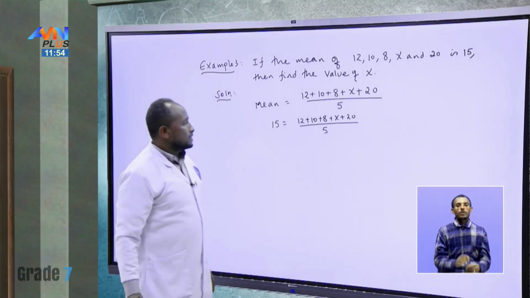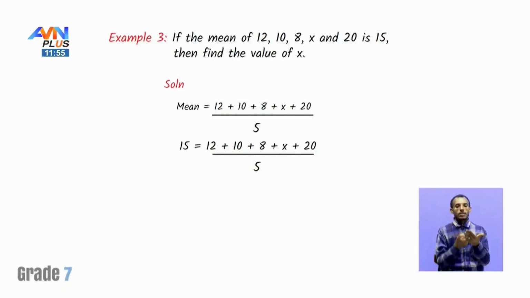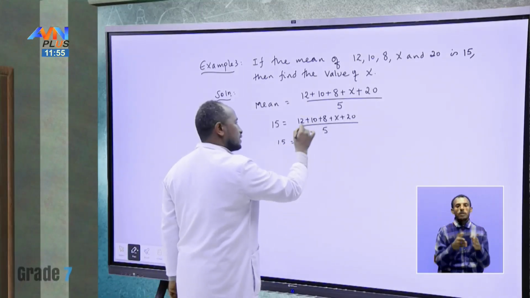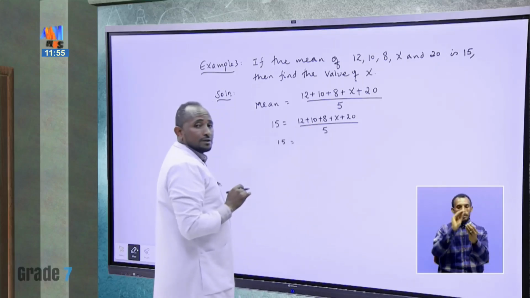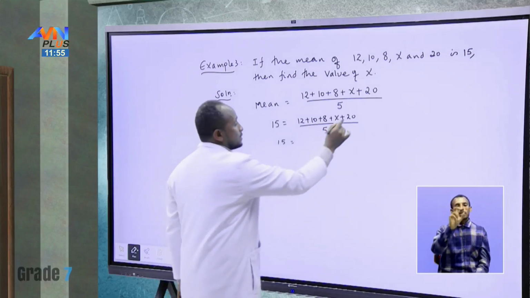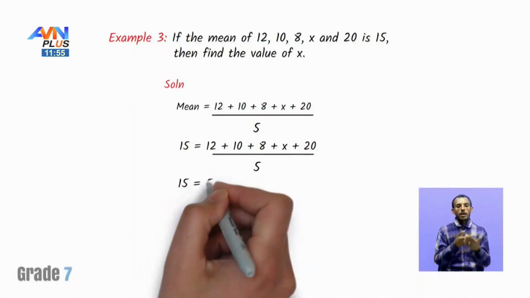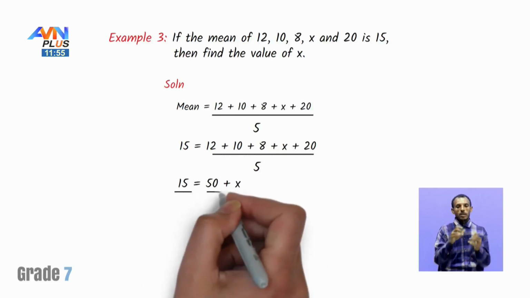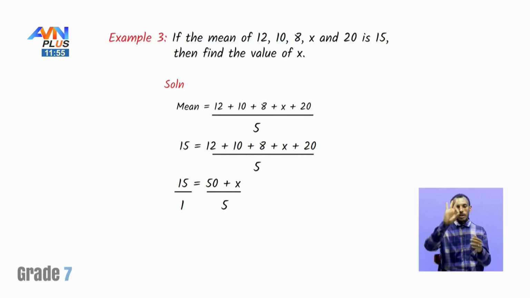To solve this, first let's simplify this one. So here you have 15 is equal to, let's add this, 12 plus 10 is 22, 22 plus 8 is 30, 30 and 20 is 50. Therefore, here you have 50 plus x divided by 5. So, to find the value of x here, you apply cross multiplication.